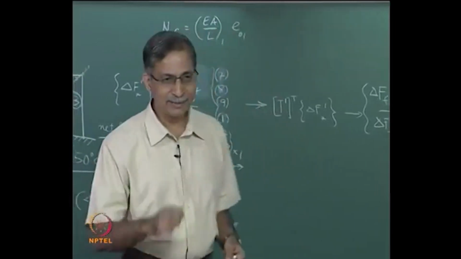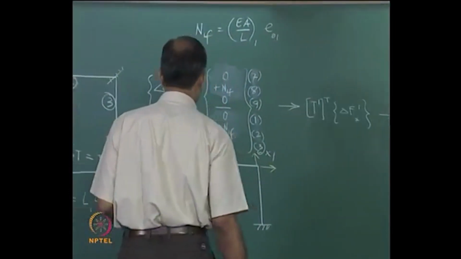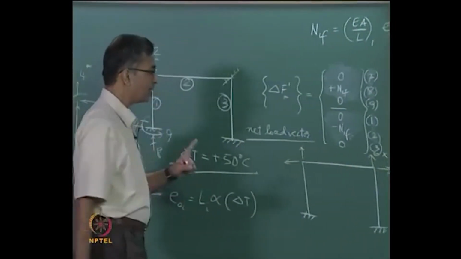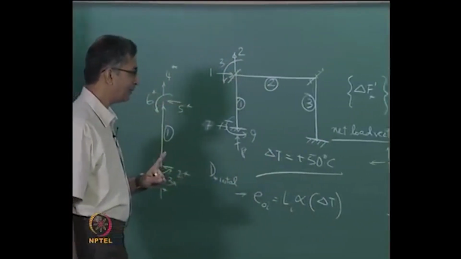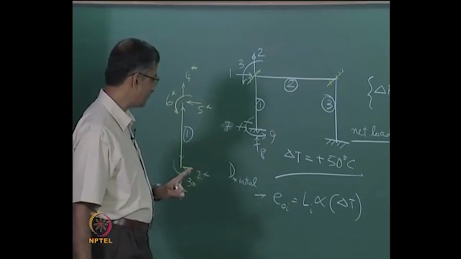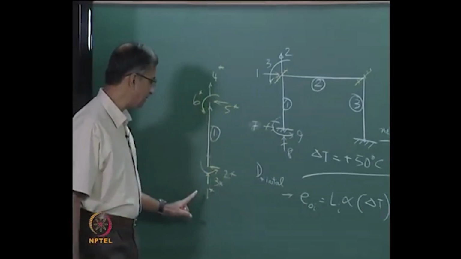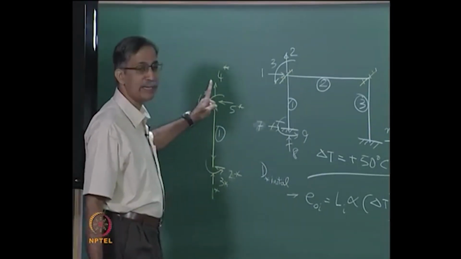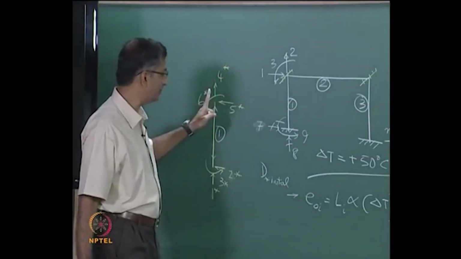Yes, I'm glad you raised this point. You are right. We have to correctly put the linking coordinates. As far as the element is concerned, 1 and 4 are always actual degrees of freedom.